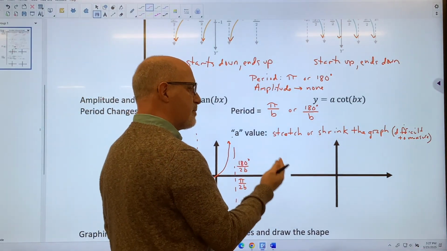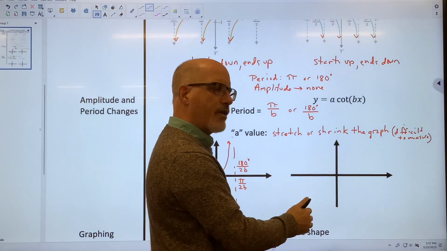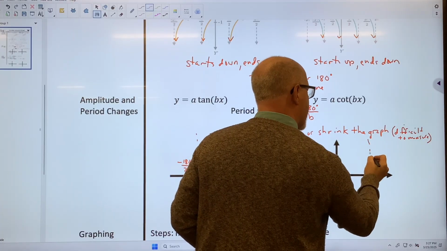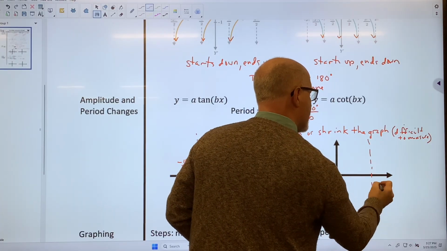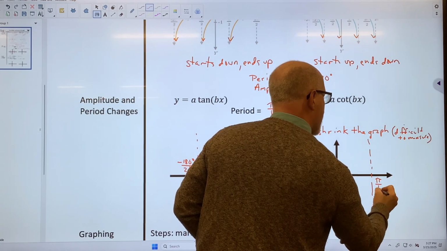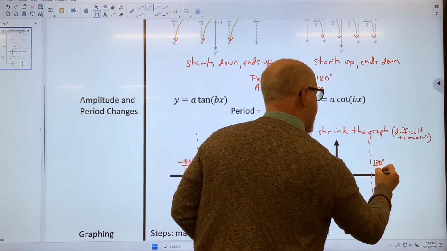For cotangent, it's much easier because you have the y-axis as one of your asymptotes. So you just go one full period out here. So this is just going to be pi over b, or 180 degrees divided by b for that asymptote.